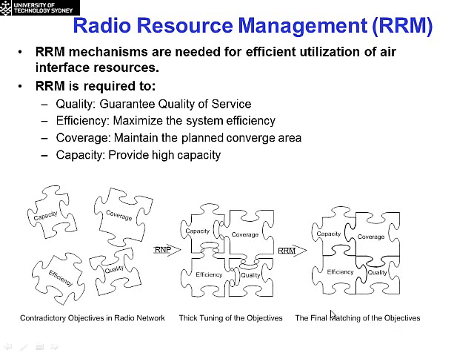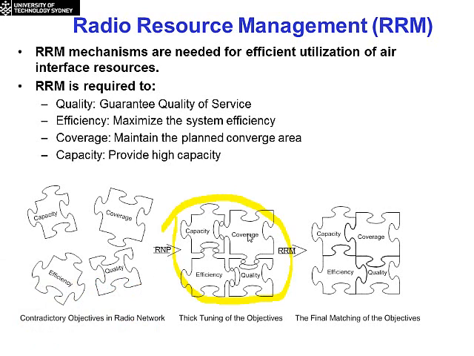Now with radio network planning, which is a topic we're going to cover, we can get a reasonable mapping between capacity, coverage and efficiency. But you can't get a perfect match.